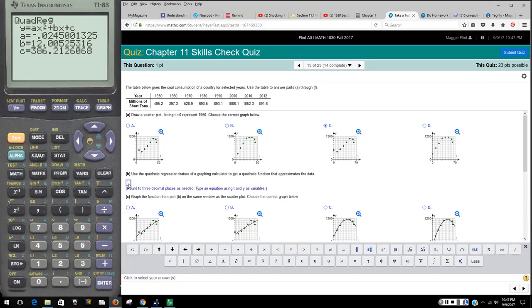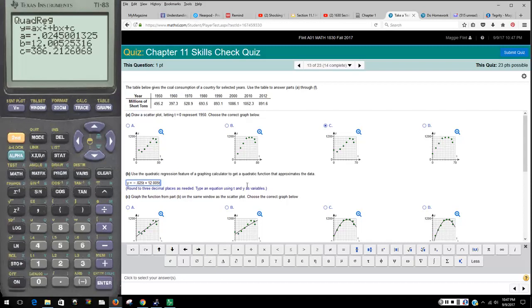And it says type an equation using y and t as the variables. So y equals negative 0.025, because it's 3 decimal places, and then that's t, plus 12.005, and again that's t.